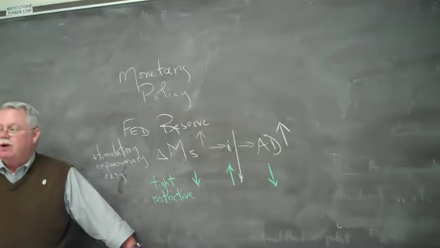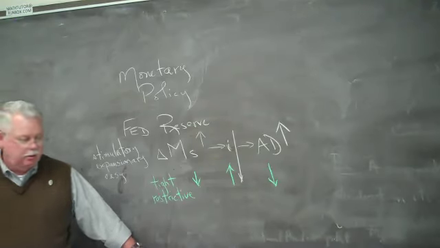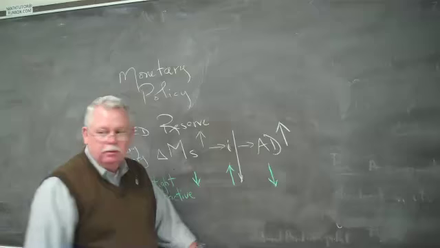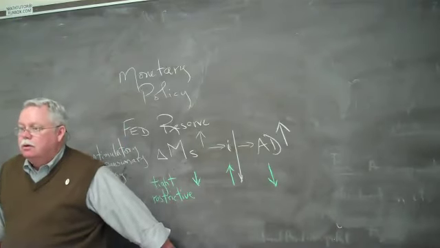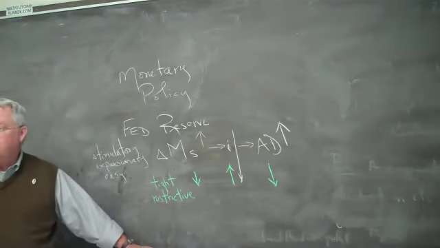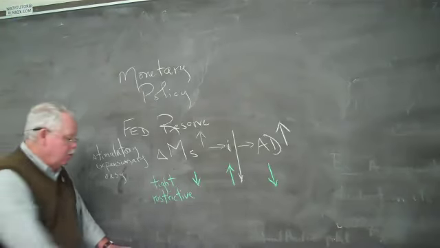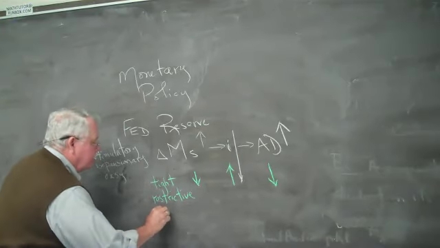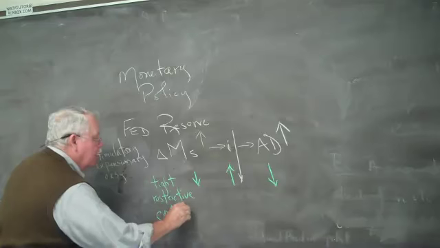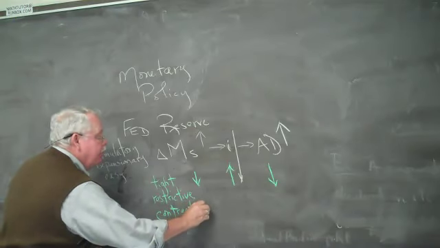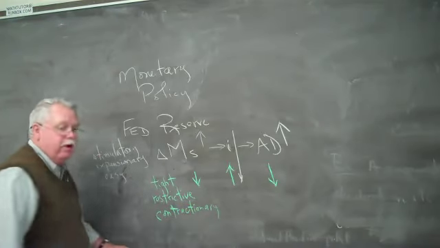But we haven't seen too much of that. We probably won't unless inflation gets to be a real danger. Tight or restrictive. Another word would be contractionary. You are contracting the money supply and spending.